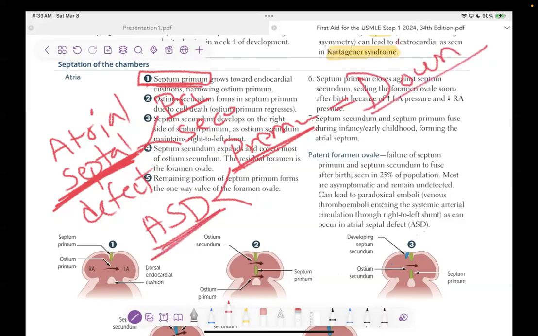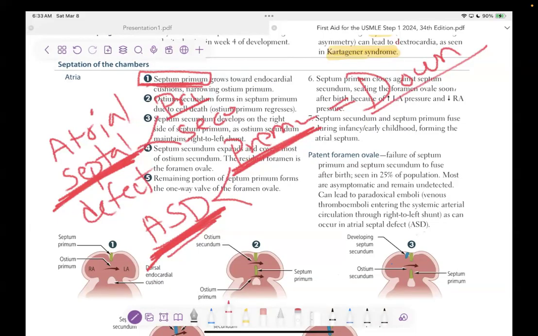In Down syndrome, we have ASD. Everything starts with A in Down syndrome. ASD, Alzheimer, and many other findings. So ASD in Down syndrome is due to defect in septum primum. It means that in Down syndrome, they are so down, they cannot even make this primary septum. So this is ASD common in Down syndrome.